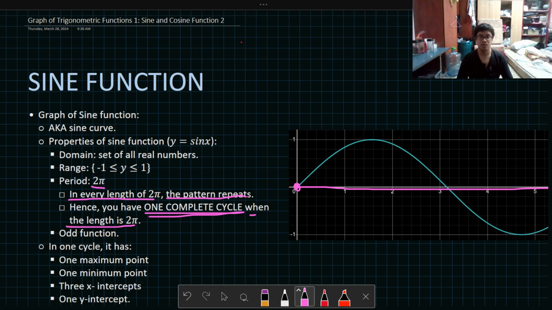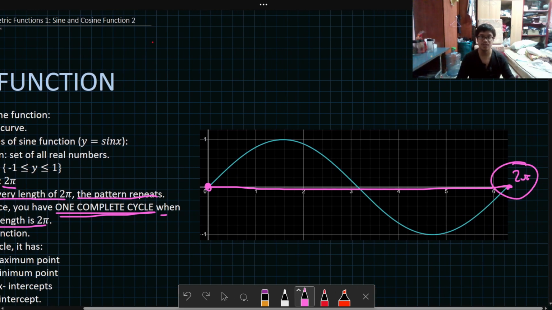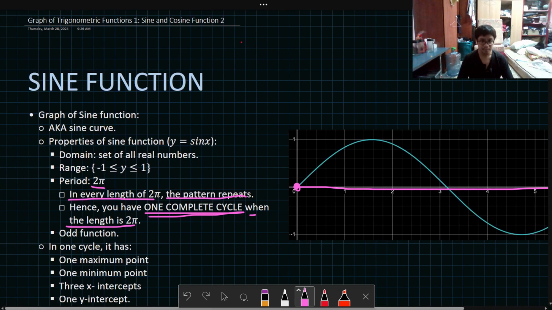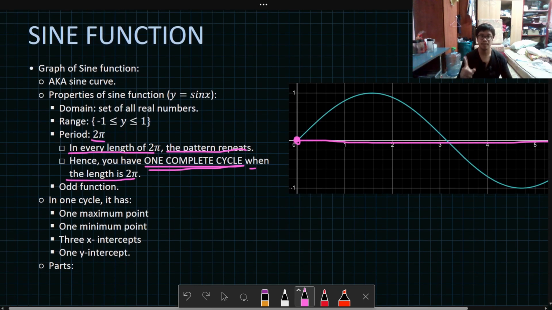So this is sine x. In this graph, once you reach the length of 2 pi, that's already one complete cycle. So one complete cycle is basically 2 pi.